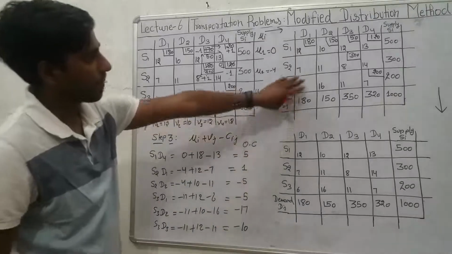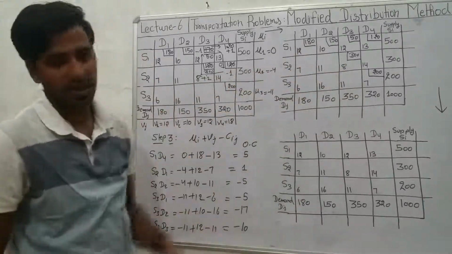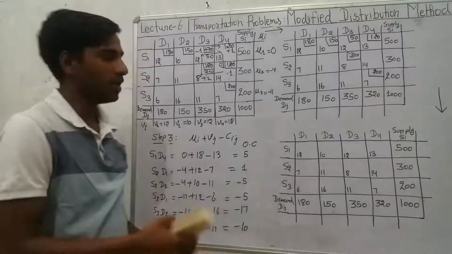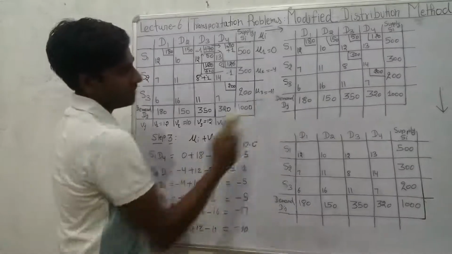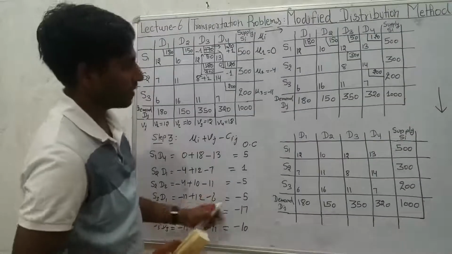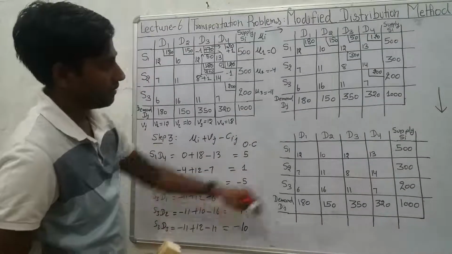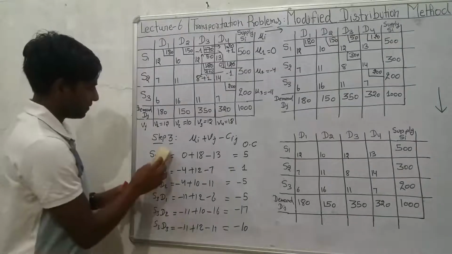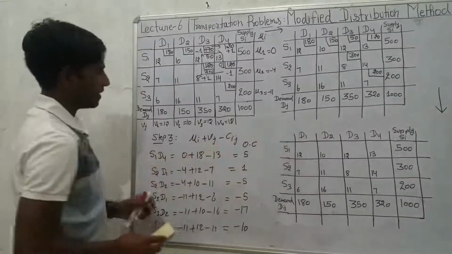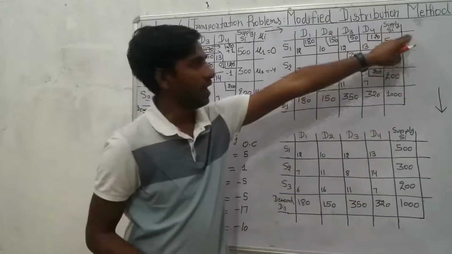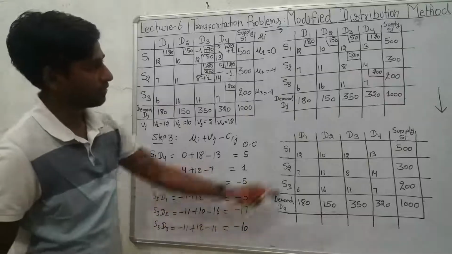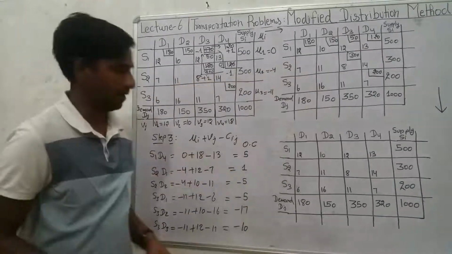So again, there are 6 occupied cells and 6 unoccupied cells. So what do we have to do? Again, we have to repeat this exercise for this solution. That is, we need to test if this solution is optimal or not. So for this table as well, we again need to calculate the Ui values and Vj values. Then we need to calculate the opportunity cost for each empty cell.